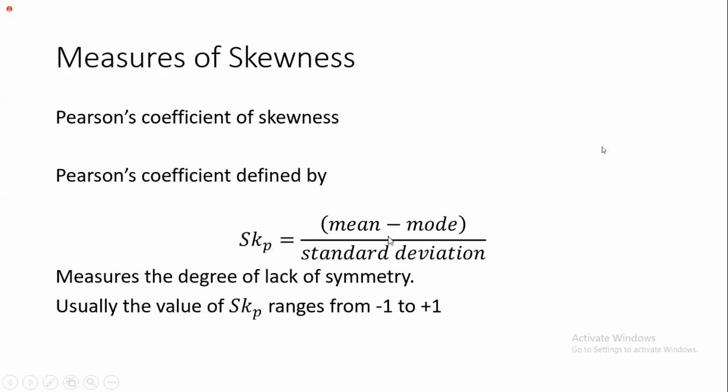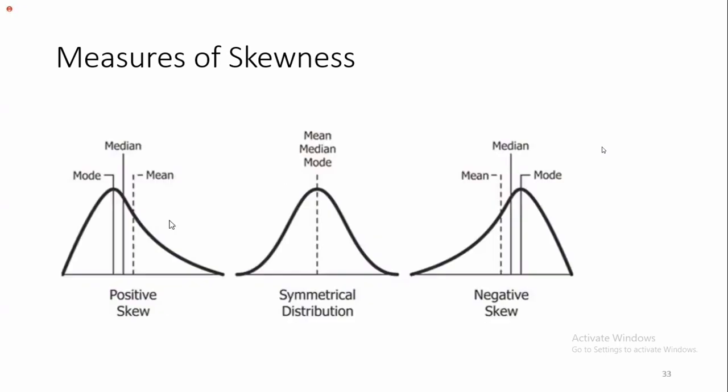Therefore, we have to consider the term mean minus mode only to find the skewness, whether it is positive or negative. Let's go back to this diagram. Mean is somewhere here and mode is somewhere here. If you consider mean minus mode, mean is a higher value than mode. Therefore, mean minus mode gives a positive value.